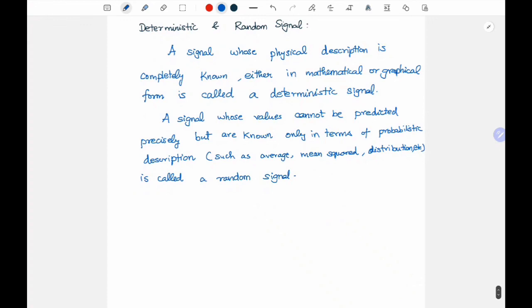So we know one good example of a random signal, right? It is noise. So deterministic signals, like all mathematically describable signals, are deterministic. For example, sinusoid, exponential, everything is deterministic.